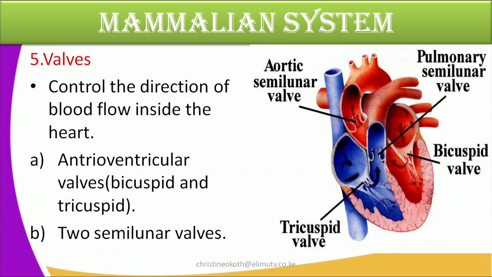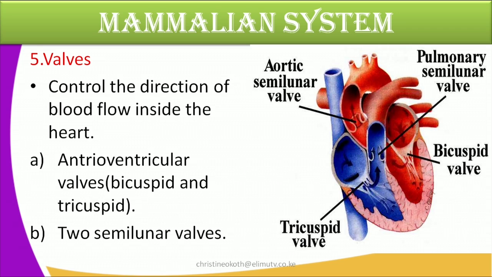Another visible structure that we may observe in the mammalian heart is the valves. So the main function of the valves is to control the direction of blood flowing inside the heart. Rather, they make sure that there's no backflow of blood from one chamber to the other. So we have two main types of valves. We have the atrioventricular valves.